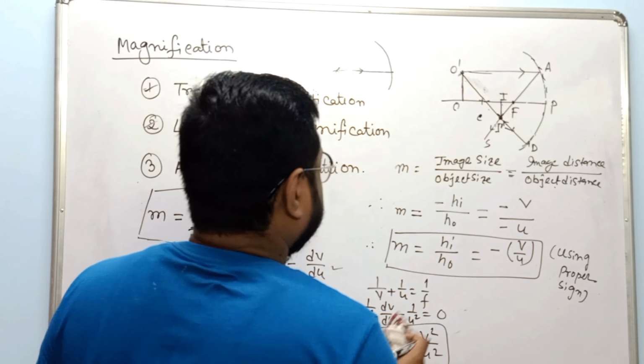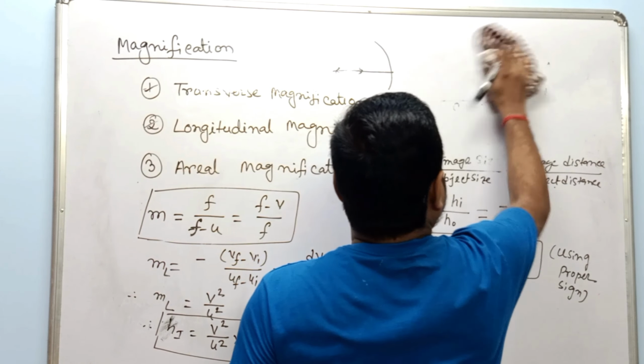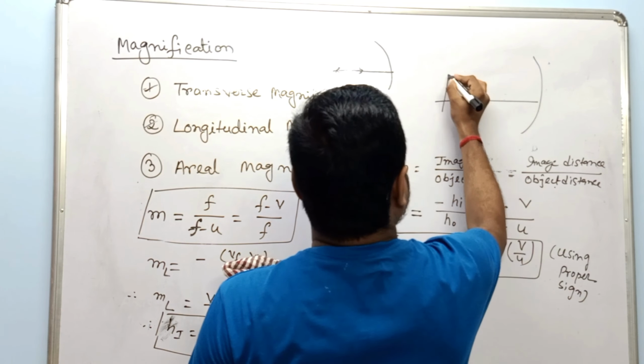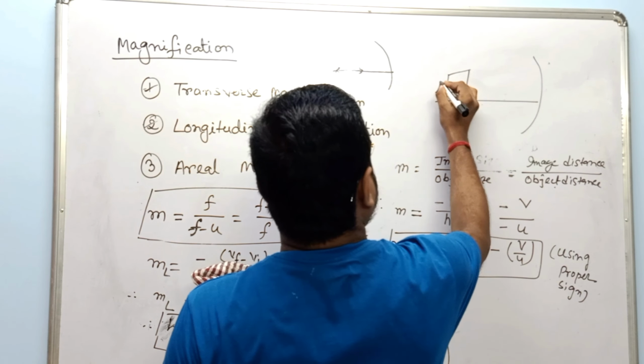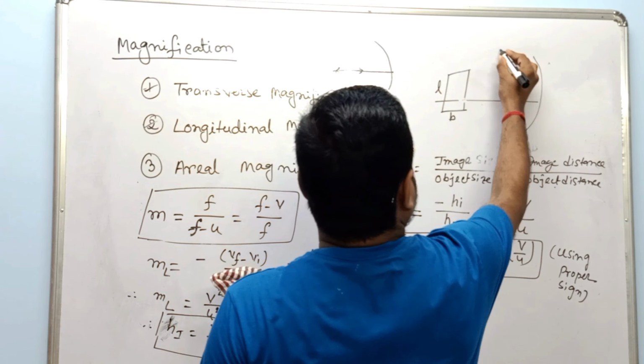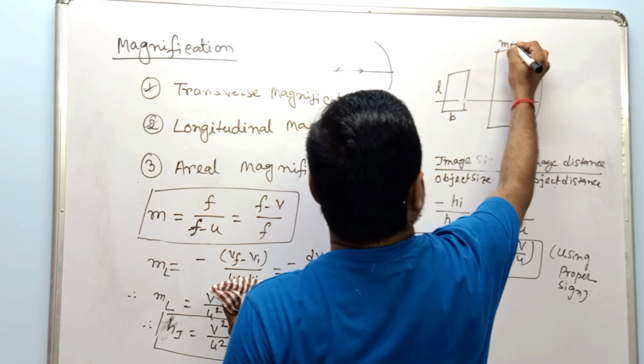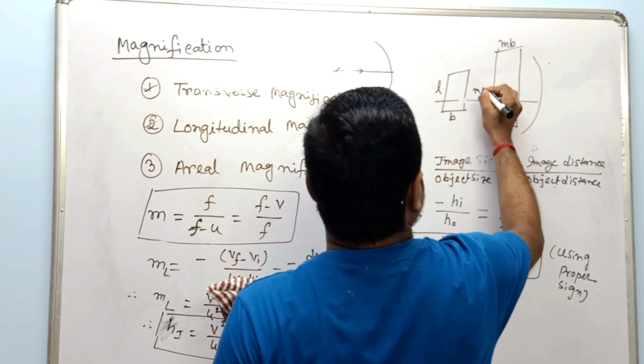Again, if a two-dimensional object is placed in front of a mirror, suppose the length of the object is L and breadth is B, and it magnifies the object m times, that is the breadth is MB and length is ML.